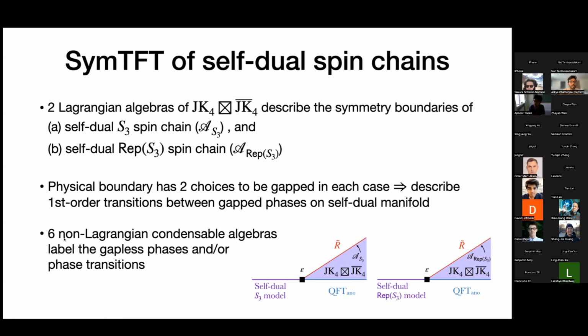It's pretty close to 1. So you might expect some compact boson type CFT to describe that. So whatever that non-Lagrangian algebra is, it should be consistent with such a CFT. Does that address the question?